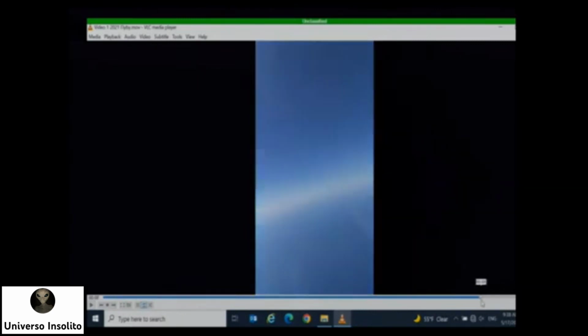And are we looking outside of a civilian aircraft window? Is that what we're looking at? You're looking outside a U.S. Navy F-18. Okay.